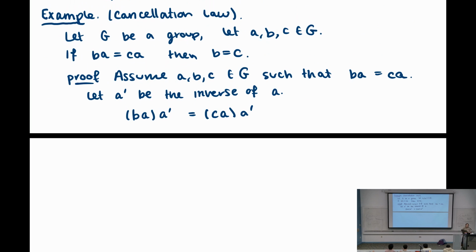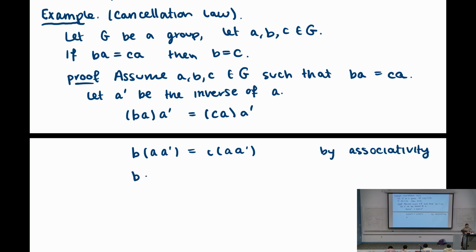And then we can use the associativity law to change up the order of multiplication. So this is by associativity. And then we also know that A times its inverse is the identity in the group.